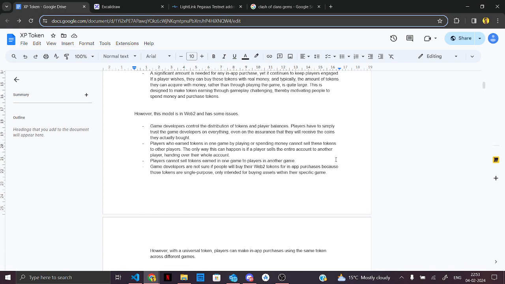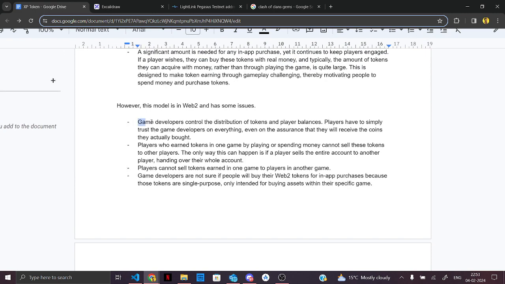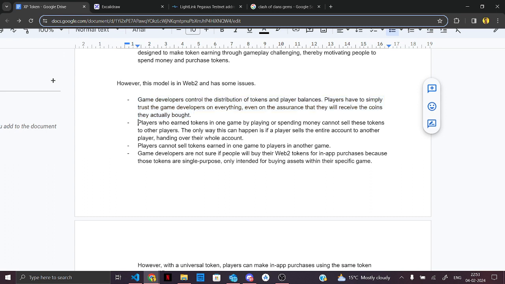But this model had some issues. Game developers, first of all, control the distribution of all tokens. They have full control over it, of course. And players who earn these tokens cannot sell these tokens, or spend these tokens on other games. And they cannot send these tokens. The only way to sell this token to anyone else is by selling their entire account.